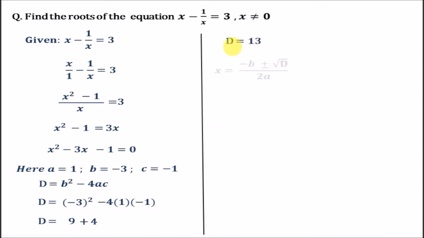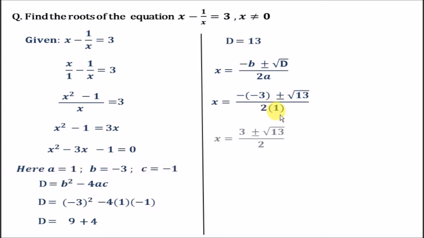In order to find the roots, the formula is the quadratic formula, x equals minus b plus minus root over D by 2a. On putting the values, x equals minus, the value of b is minus 3, plus minus under root D, D is 13, so under root 13 by 2 into 1, the value of a is 1.